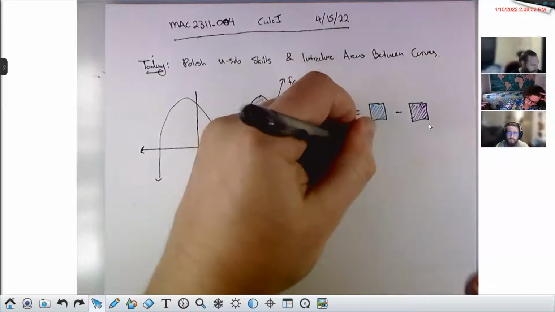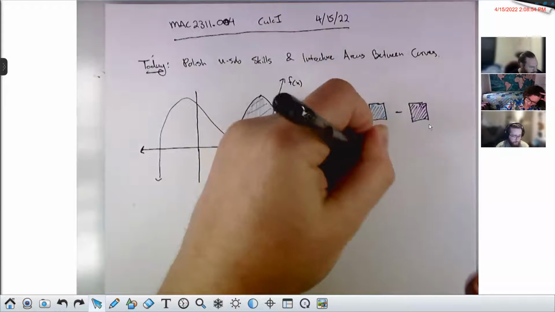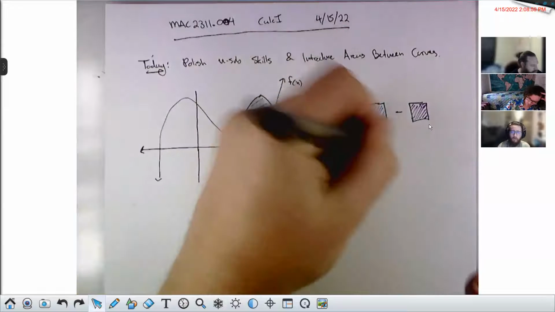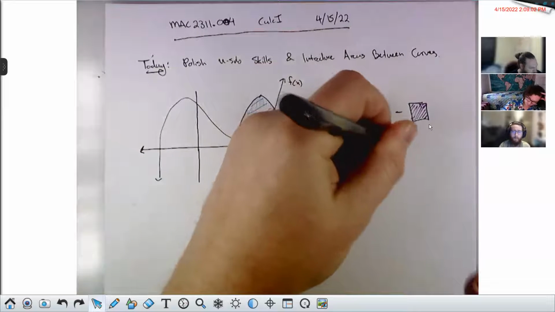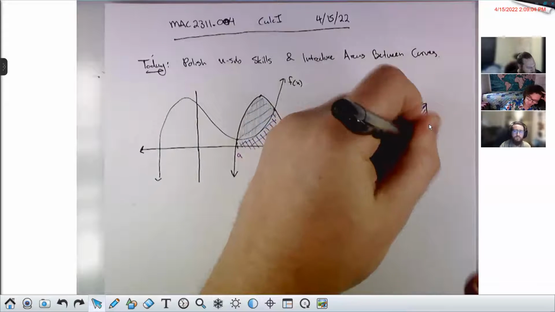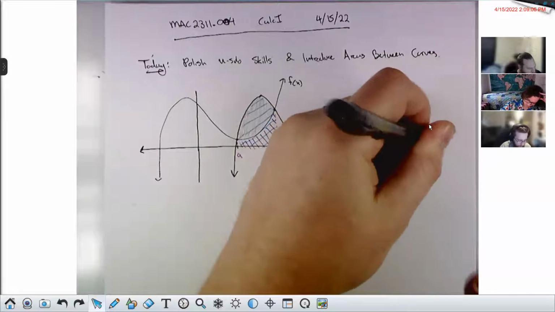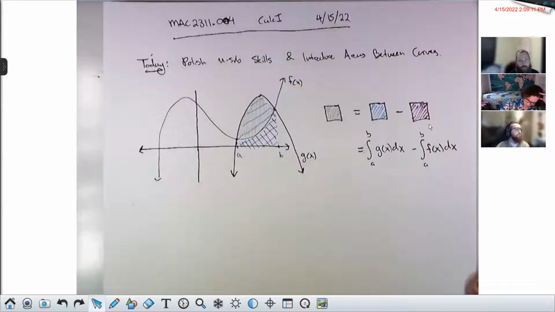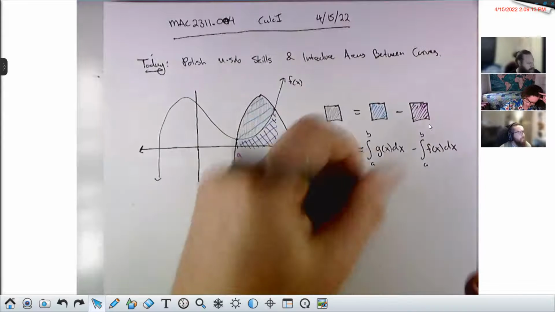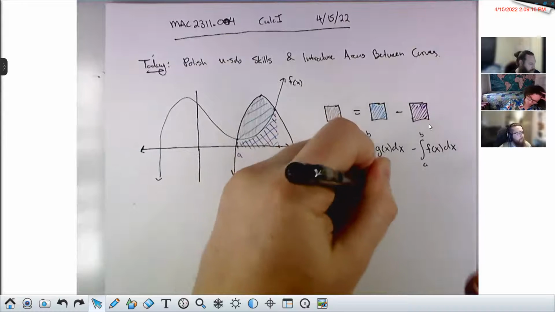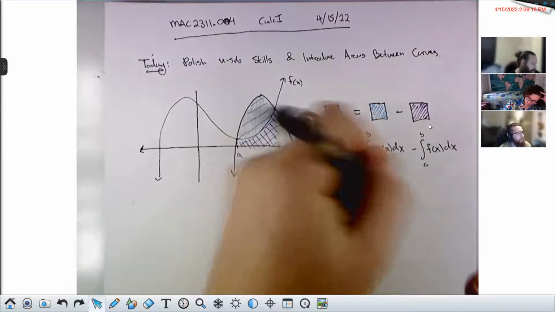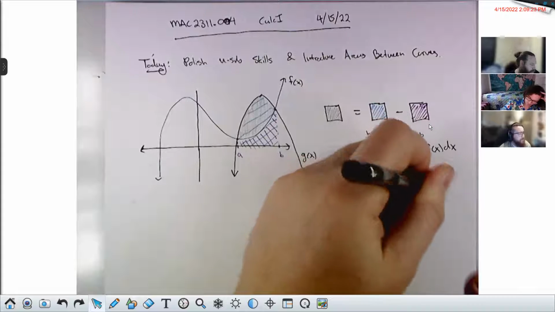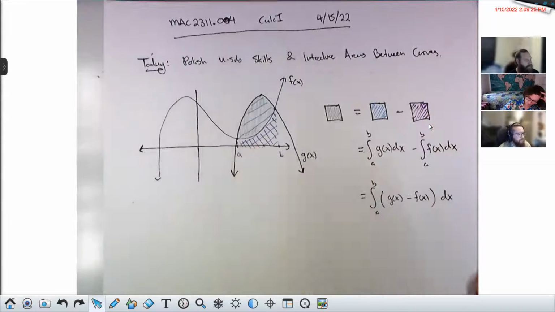So the first guy would be the integral from a to b of the upper function here, which I've labeled as g of x. And the purple area would be the integral from a to b of f of x. And then following the rules for definite integrals, I know I can write this as the integral from a to b of g of x minus f of x, 1 dx here.